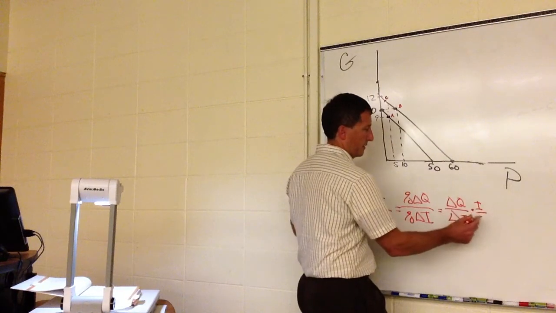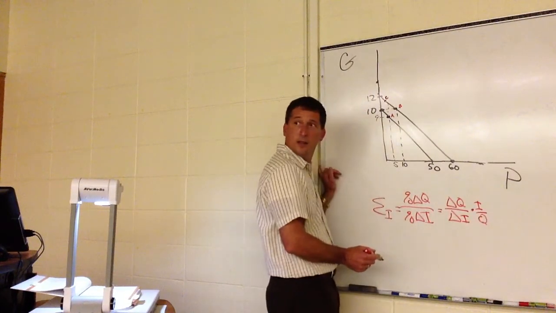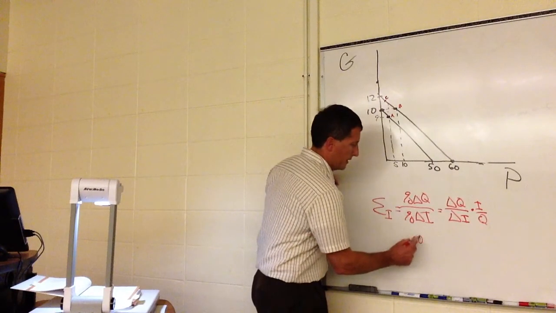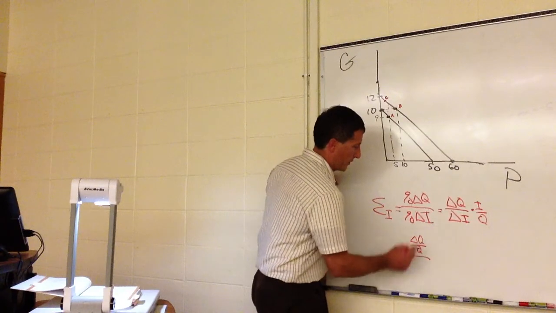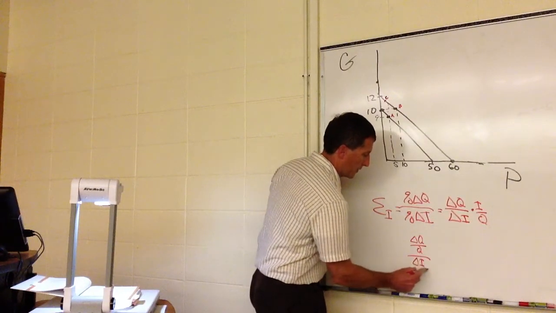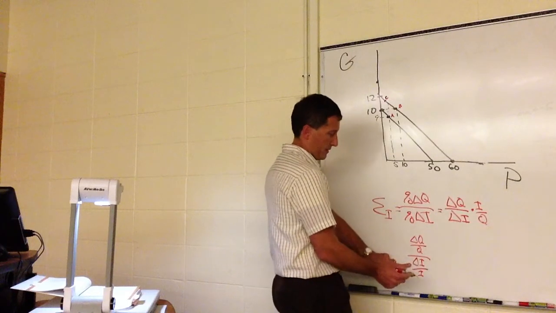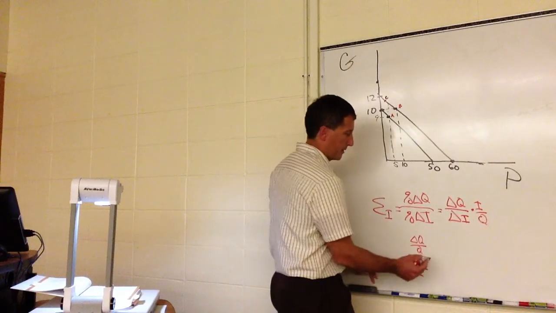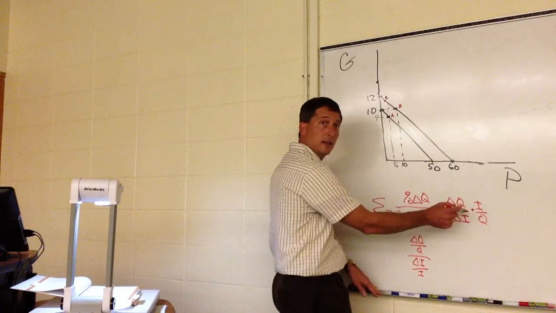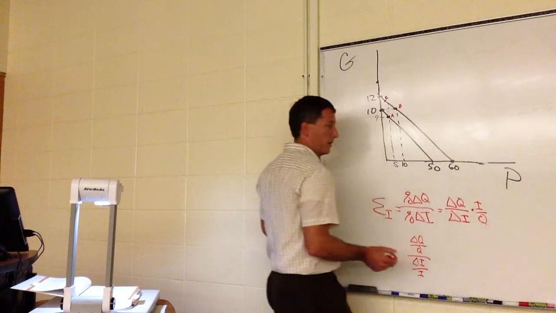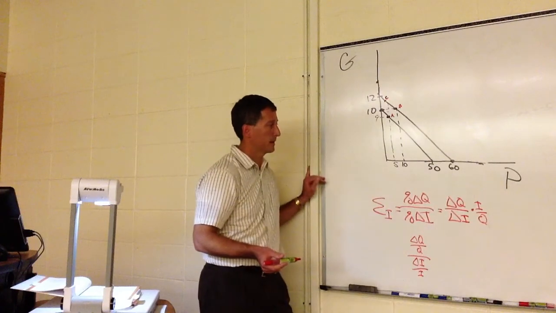I over Q. How can we double check that? Change in quantity over change in income over income. Flip the denominator, multiply times the numerator, and you get that. All right? So this is our formula for the income elasticity.